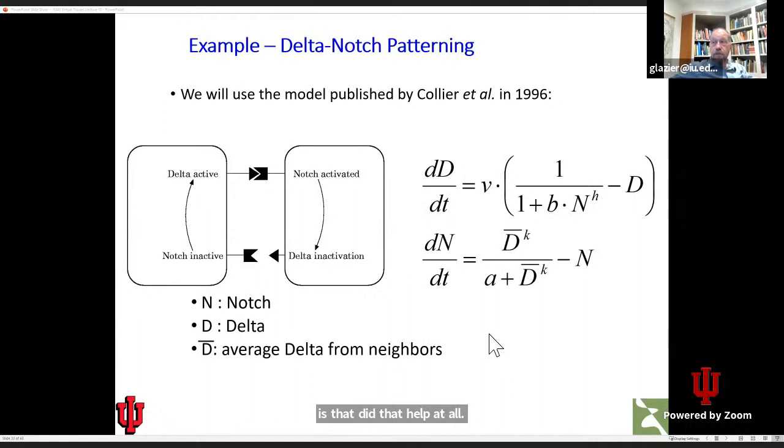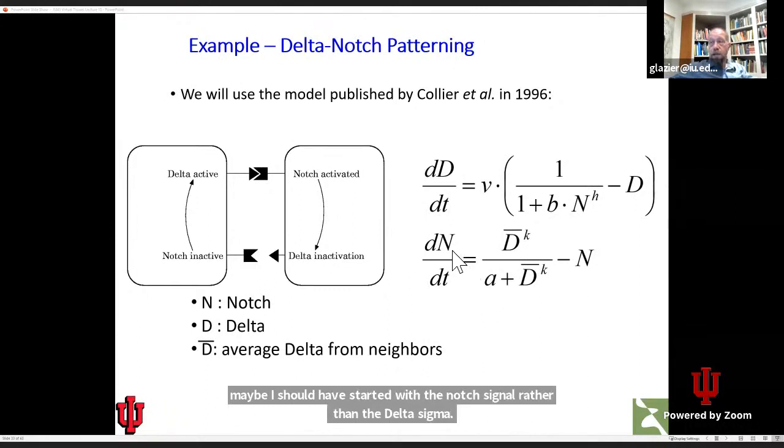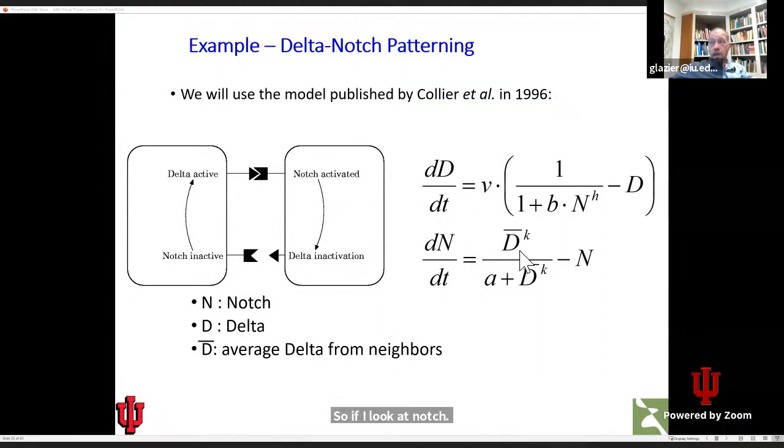So maybe I should have started with the notch signal rather than the delta signal. So if I look at notch, notch is activated by the extracellular delta. It's not paying any attention to the amount of delta in my own cell. It's paying attention to the amount of delta in my neighboring cell. So if my neighbors have no delta at all, then my amount of notch is 0.